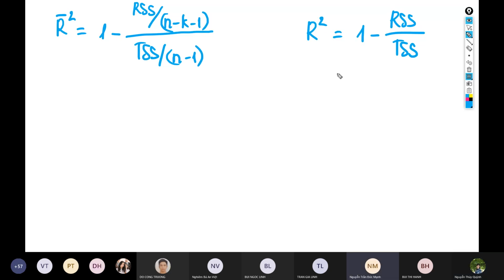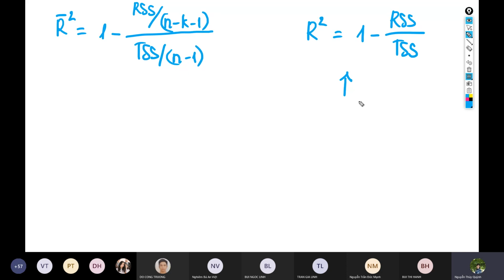R square will be unchanged or increase. In most cases, you can see that R square will increase. It will not change if the estimated coefficient associated with the new added variable is equal to 0.